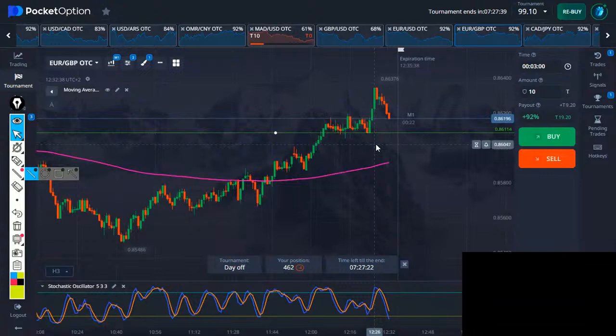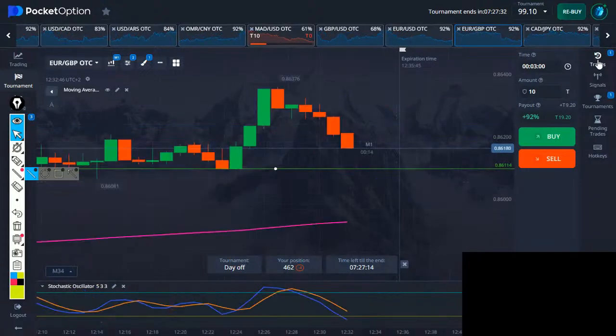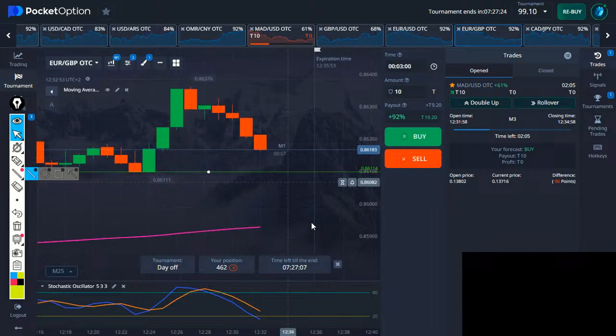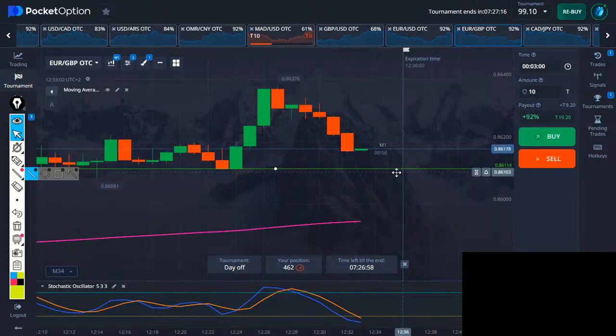However, we have a strong bullish momentum. Let's wait for the stochastics. Perfect. We have two lines in the oversold area waiting for a pushback to the upside.